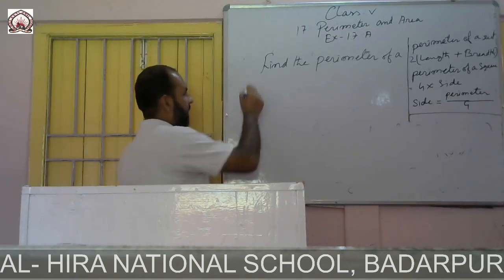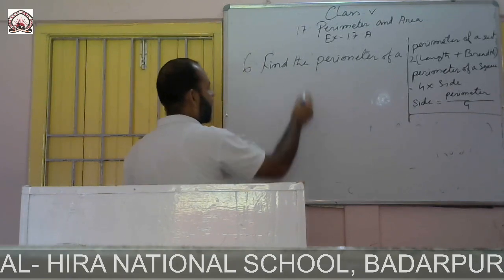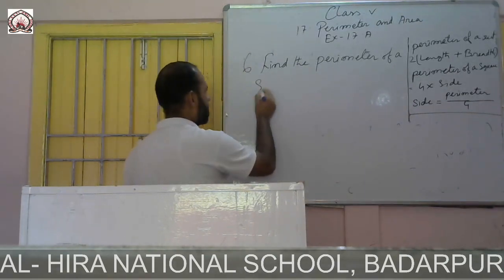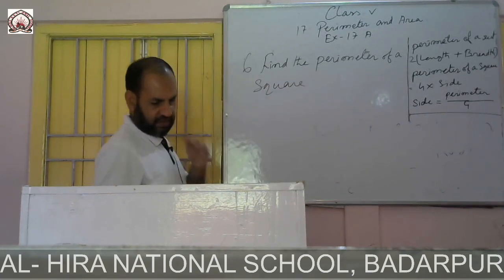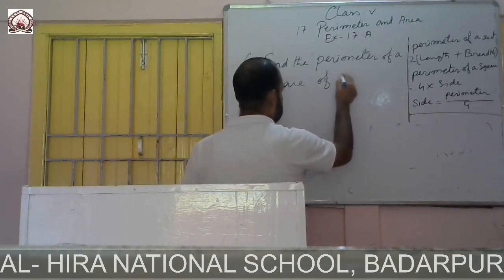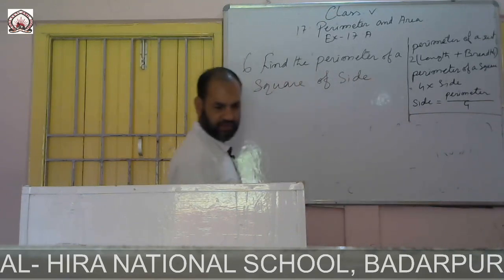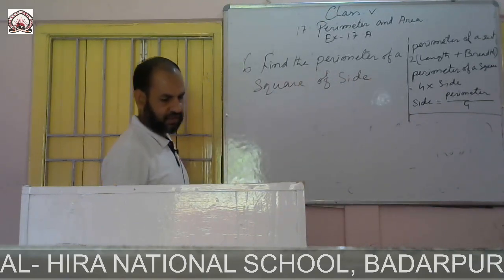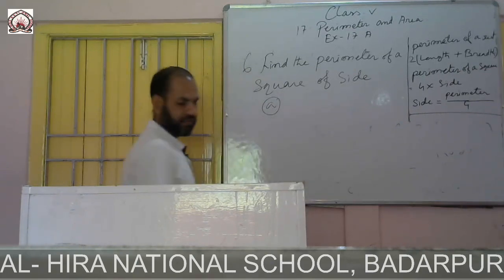Find the perimeter of a square of side. Question number A, we find out the perimeter of a square.